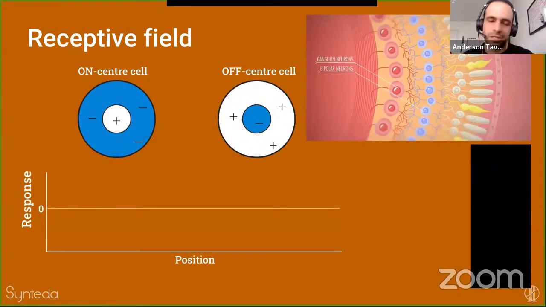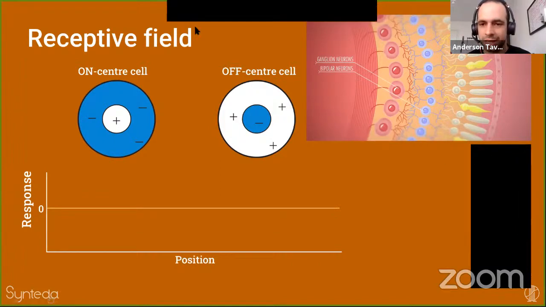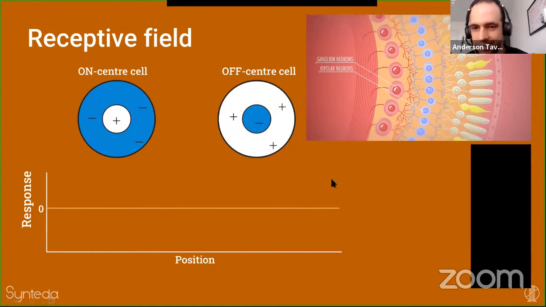One way to compress this is the concept of the receptive field, which happens in the ganglion cells, this red neuron here. There are some regions that influence the response of the ganglion neurons positively and negatively. Suppose we have a spot of light here. I will do this animation to help. We have a response plot at the bottom, and this blue region with the minus sign is the inhibitory region.